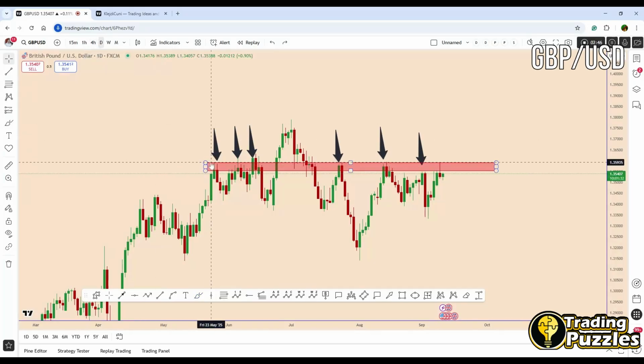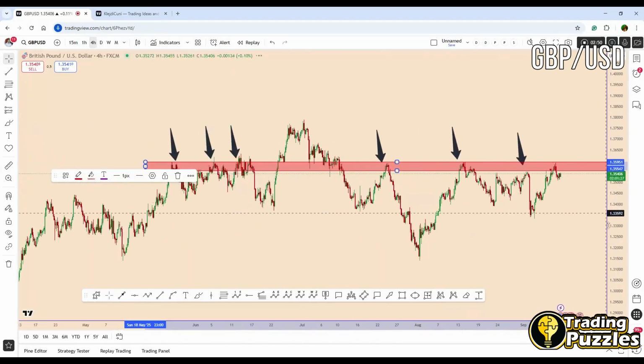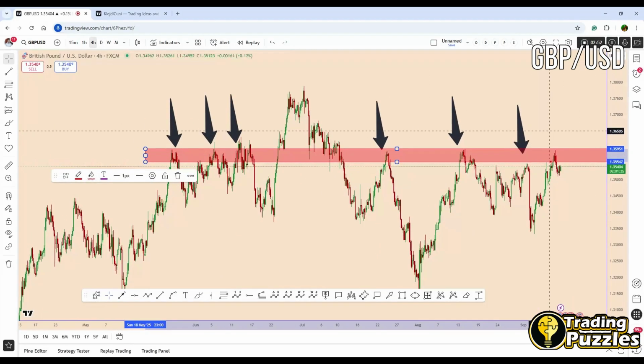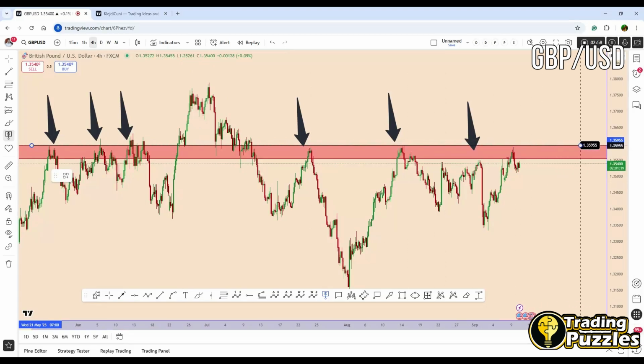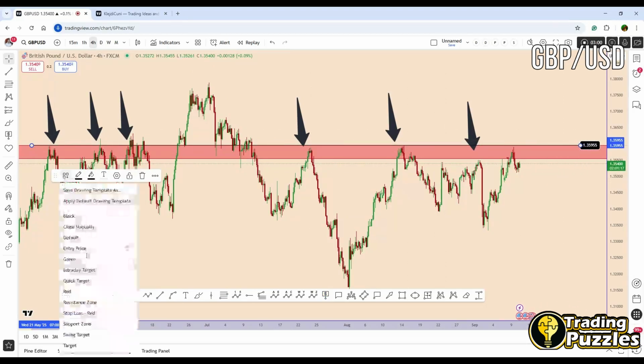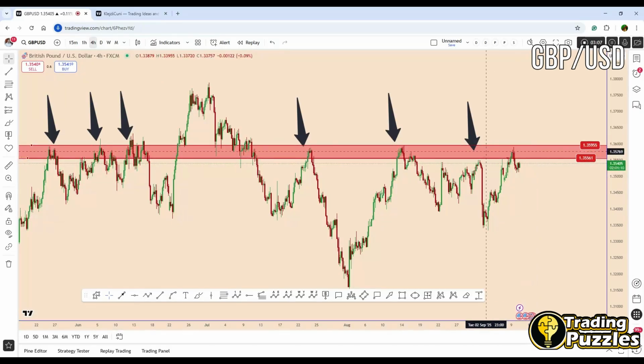If we move down to a lower time frame, the 4-hour time frame, what we can observe for GBPUSD is that all the shadows that we are looking at are our reversal zone, and here we have the price reaction.